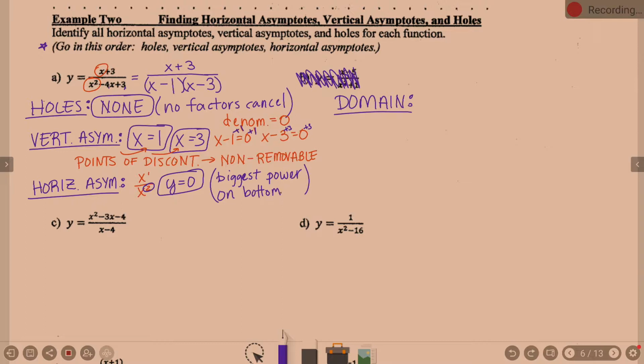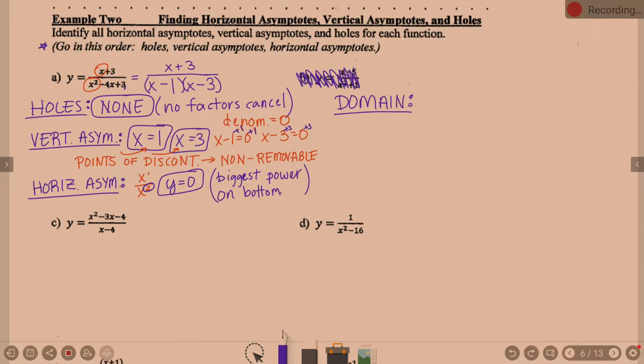Domain. Even think back to yesterday for this one. What about my domain? It's all reals except any vertical asymptotes or holes. We don't have any holes, but we have vertical asymptotes.